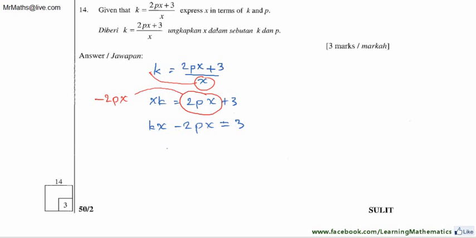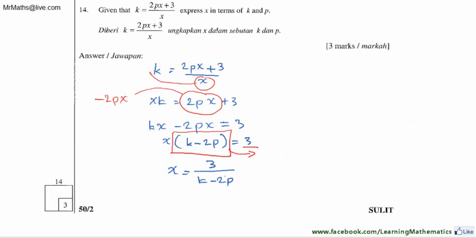So let's factorize, put x outside, and then we are left with k minus 2p here equal to 3. And then we put everything else here going down, right? It becomes the denominator. Then x is equal to 3 over k minus 2p. So this is the answer.